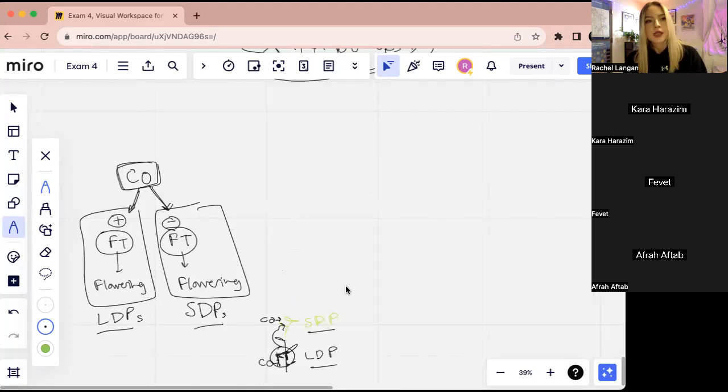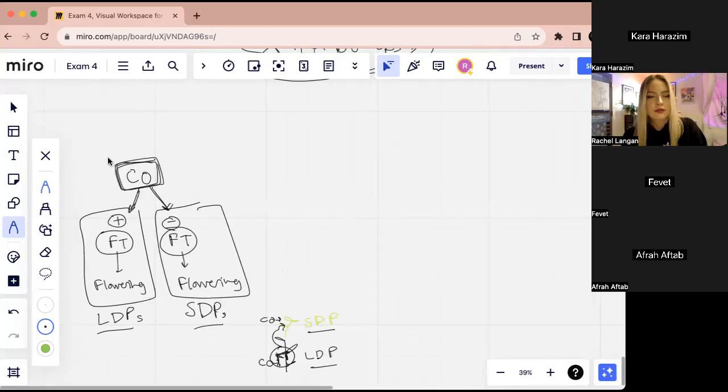Okay. So last kind of important thing to know is how do we get the presence or absence of the CO protein? And it has to do with first how CO mRNA concentrations change throughout the day.